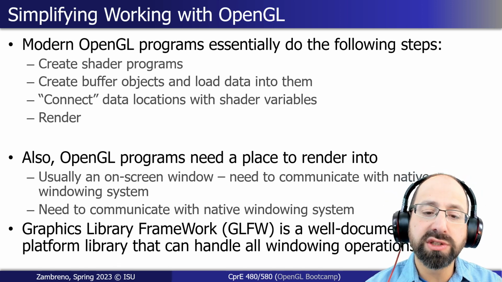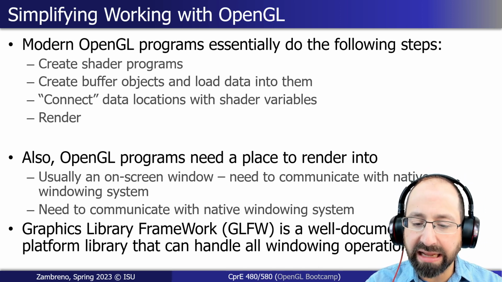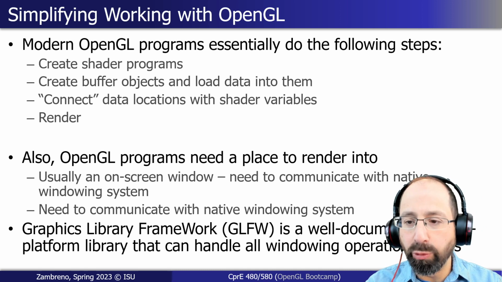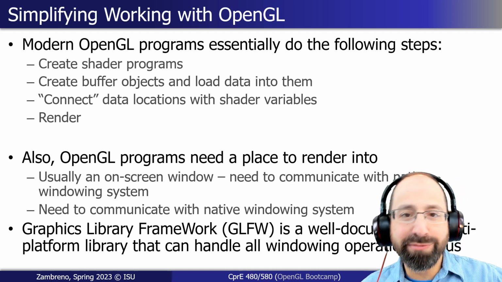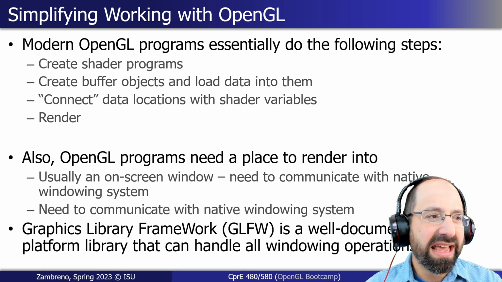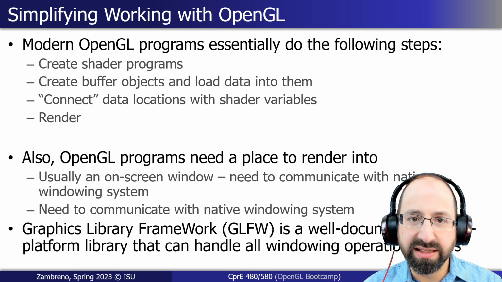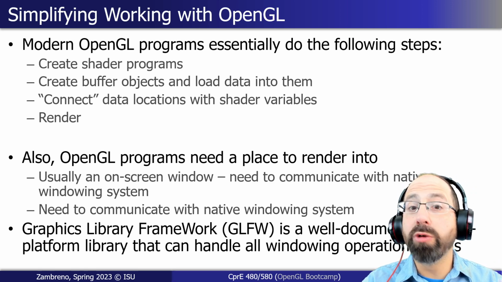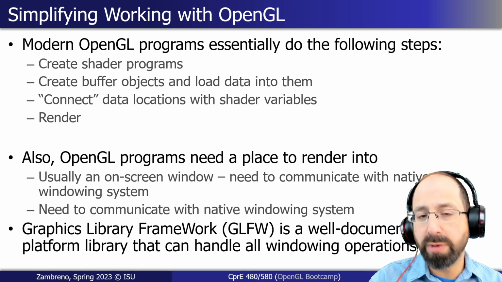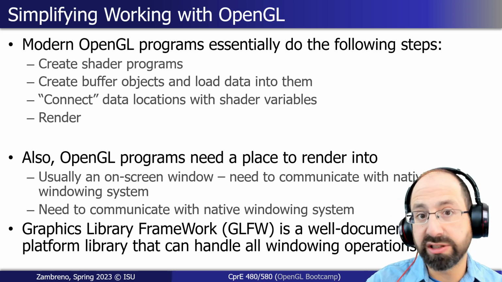And then you have to use some other library to take that rendering context and bind it to the underlying windowing system. And that can be okay, and that can be a pain depending on which one you are using. That also leads to some challenges with compatibility between different OpenGL programs out there, because the OpenGL code itself is very portable and a well-defined spec. But the underlying windowing code in the particular example you may be looking at may be quite different than the one that you are using yourself.